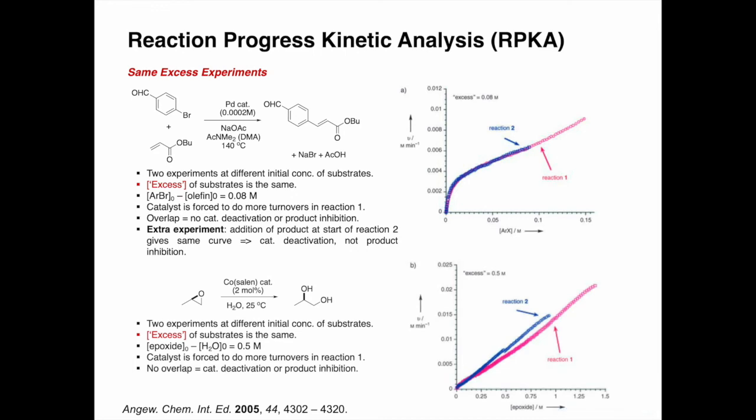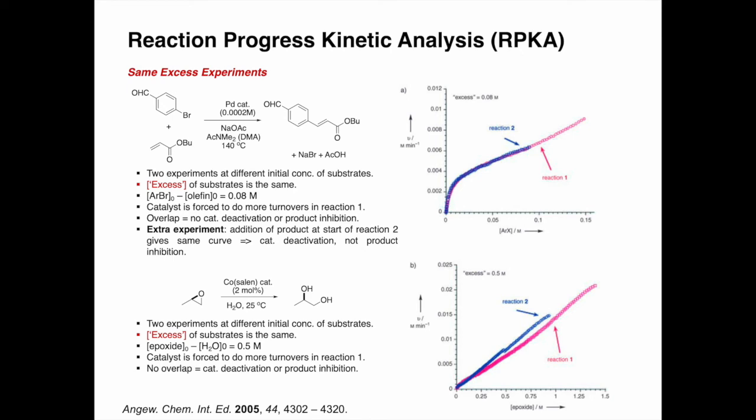If we consider a second case of a cobalt catalyzed epoxide hydration, similar same XS experiments show that the curves for the two experiments at different starting concentrations of the substrates do not overlap. Look at the graph on the right hand side. The pink line and the blue line do not overlap.